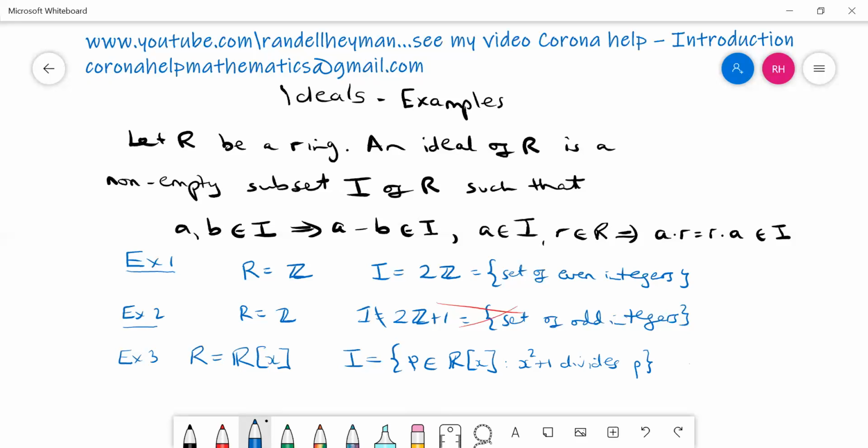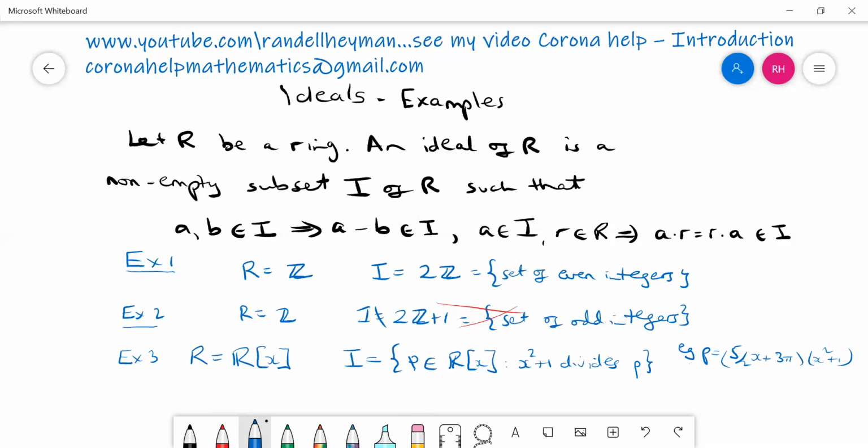What's an example of P? P could be 5 plus 2x plus 3 pi times x squared plus 1. If you expanded all that out, you'd get a polynomial with real coefficients, and it's certainly divisible by x squared plus 1.